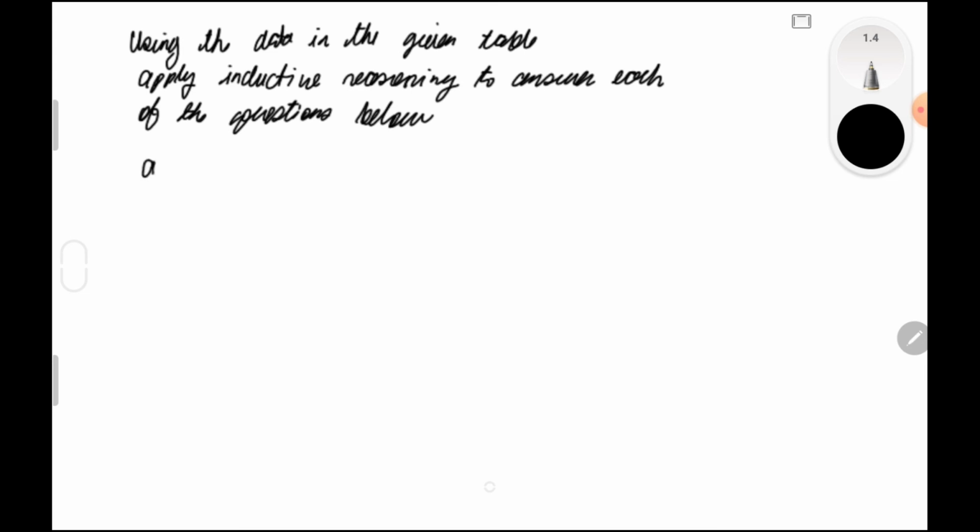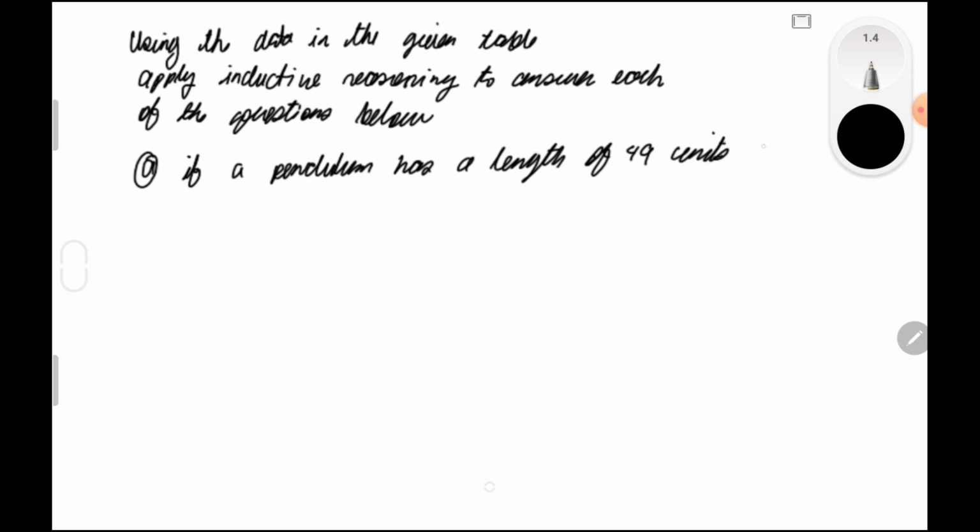So A, if a pendulum has a length of 49 units, what is its period? B, if the length of the pendulum is quadrupled, what happens to its period?